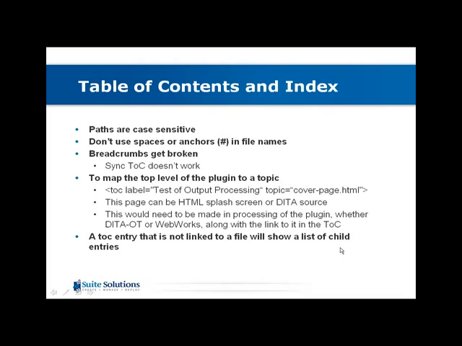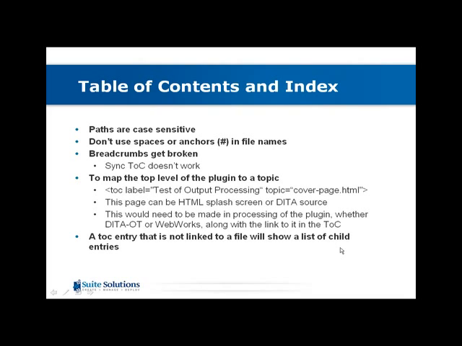Out of the box, the Ditto OT does not give you a top-level topic for the plugin. Actually, that might not be true. It might give it to you. It might just go to the first page. The table of contents is basically a nested list of entries, and you can have a topic head with no page linking to it.